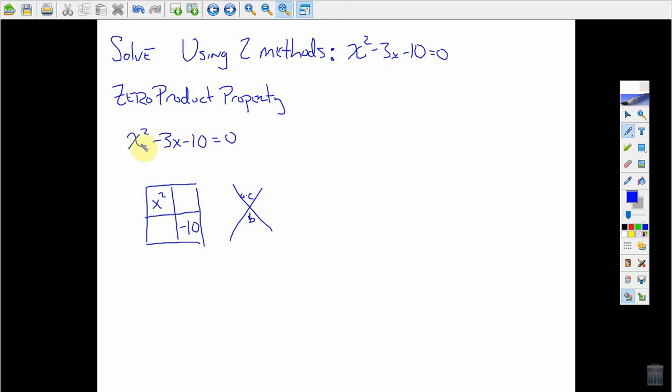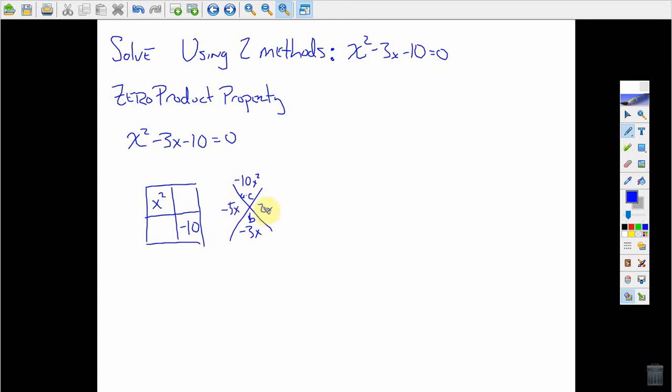So if we multiply these two together, we get negative 10x squared, and then on the bottom we have our negative 3x. So we need two terms that are going to multiply to give us negative 10 and add to give us negative 3. And if we think about that for a little while, we're going to figure out that's negative 5x and 2x.